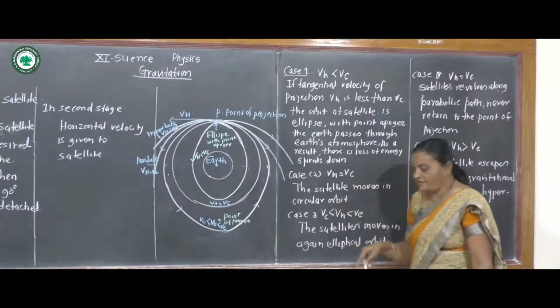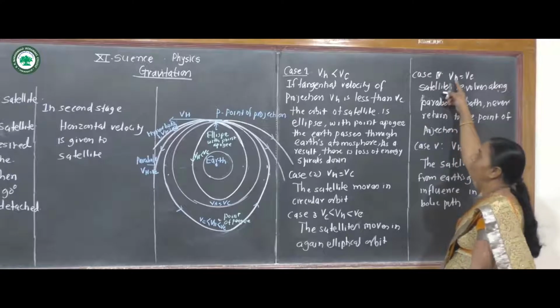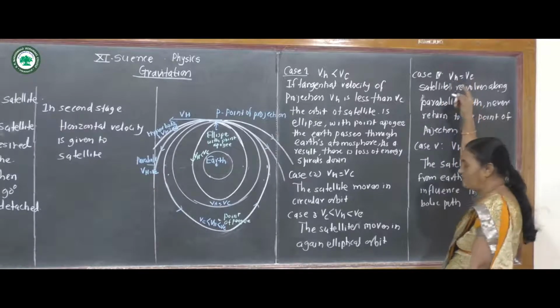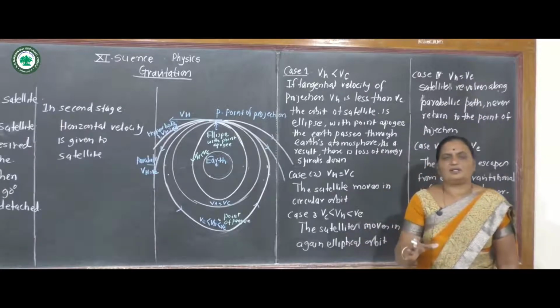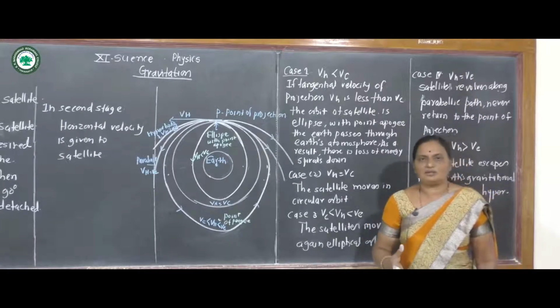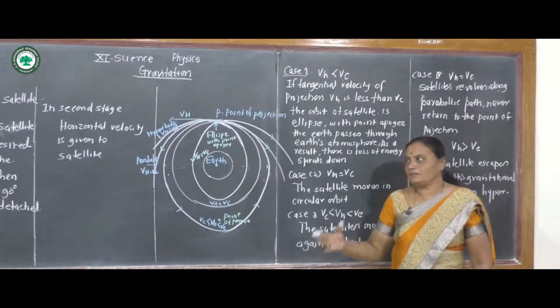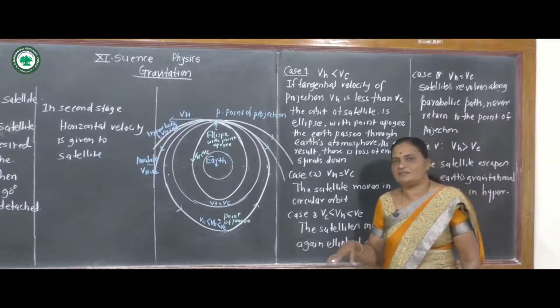Now in the next case, the velocity of projection of the satellite is equal to escape velocity. What is the escape velocity? Escape velocity is the minimum velocity with which the satellite becomes free from the Earth's gravitational field.